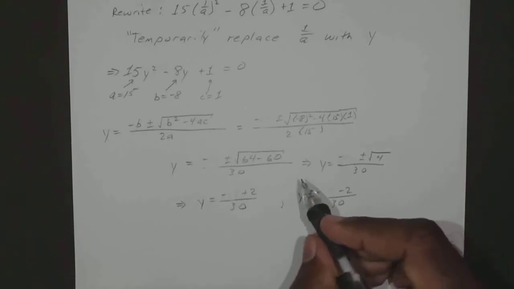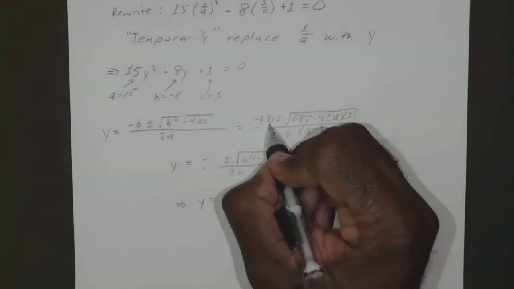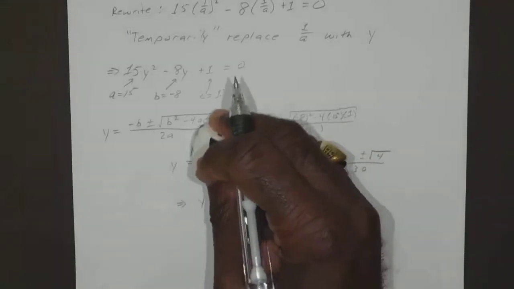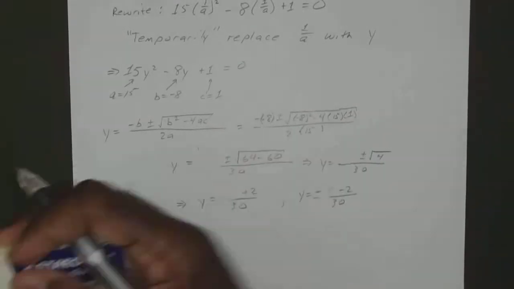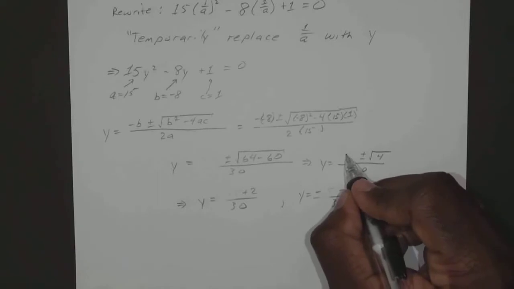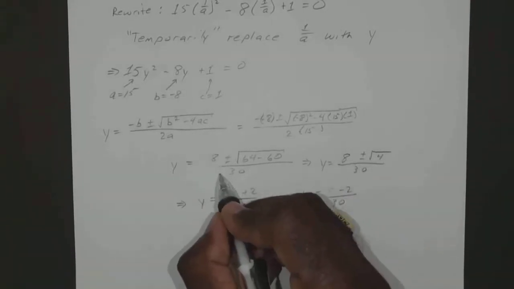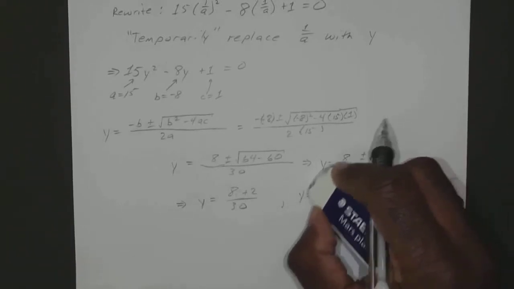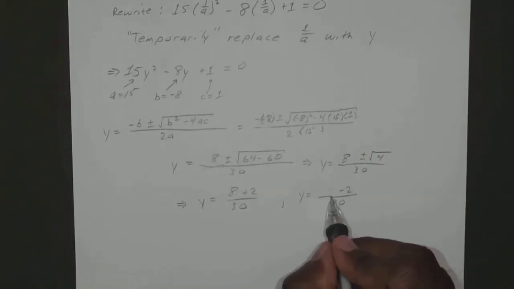Okay, so that would be -8. So that would make these positive. So that would become 8, and that would become 8, and that will become 8. That negative will disappear.